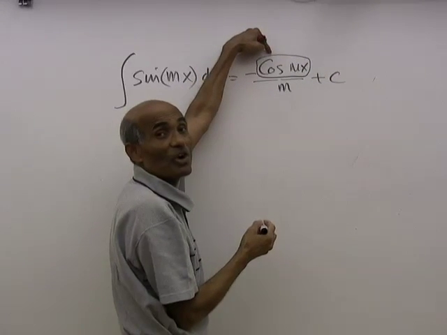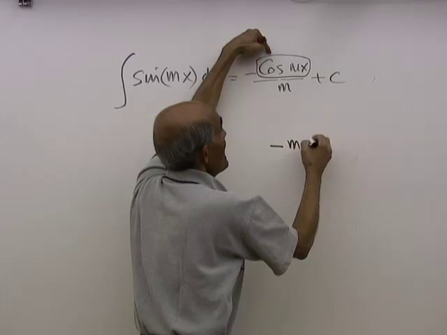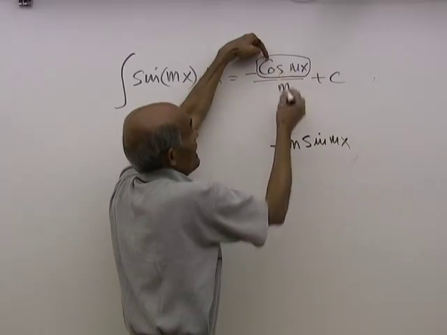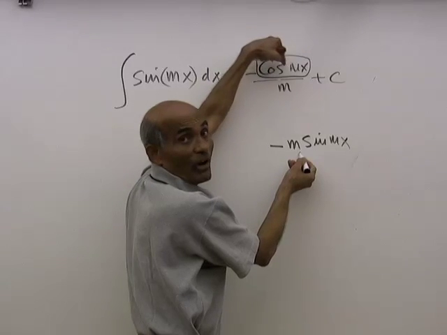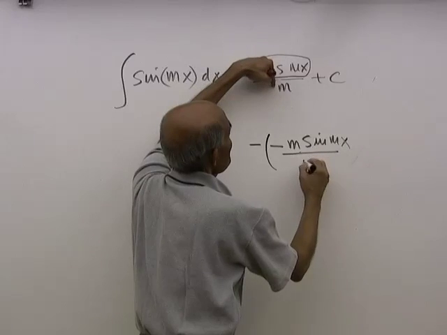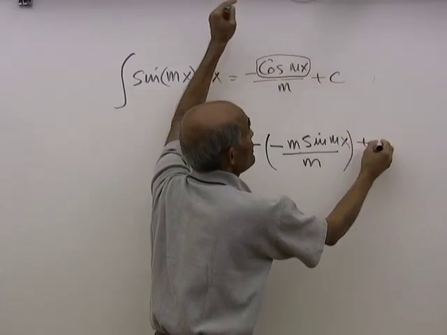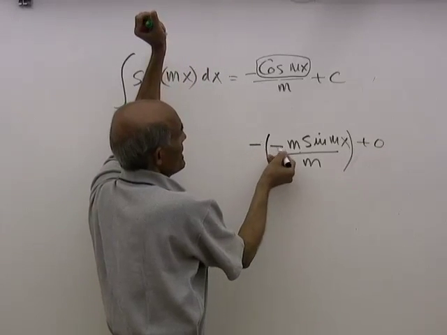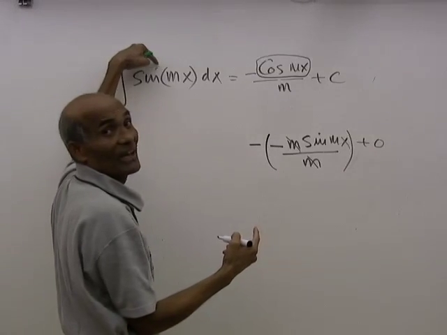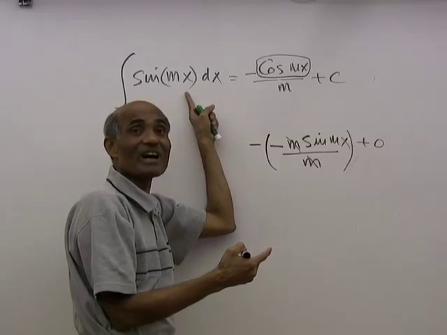The derivative of cos mx is negative m sine mx. There is a negative there already, and there is an m down here. And of course the derivative of c is 0. And look at the way the negative goes, m and m cancel, you get our sine mx back. The derivative of this quantity is sine mx.